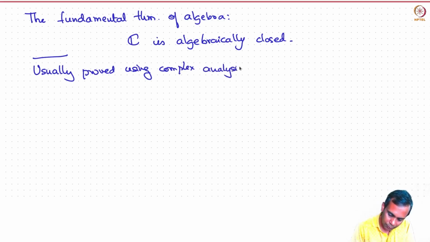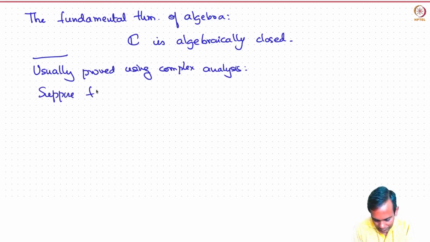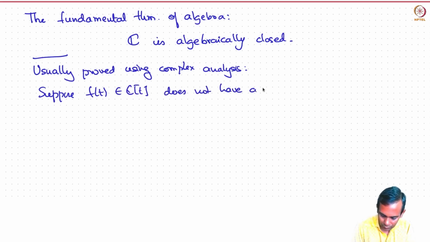You can find a complete proof in Michael Artin's algebra book. It's usually proved using complex analysis. Suppose f(t) is a polynomial with complex coefficients, and this does not have a root. Then you can talk about 1 over f(t).